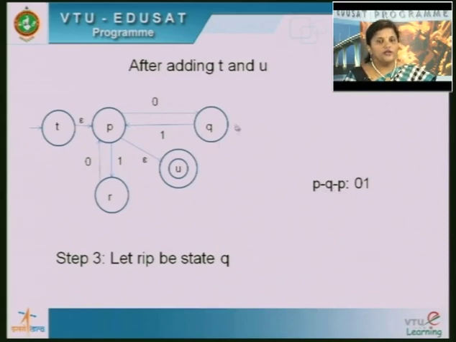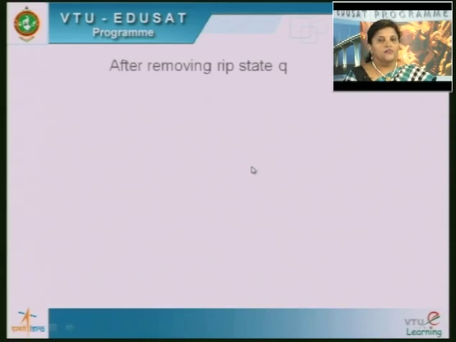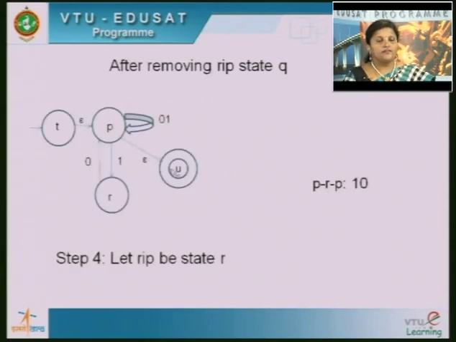So if you remove Q, instead I can place a self loop here and write 0, 1, because this 0, 1 can be repeated any number of times. So this is the finite state machine after removing the RIP state Q. We have written a self loop on P labeled 0, 1.